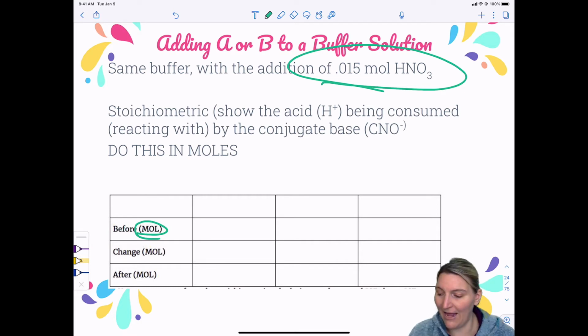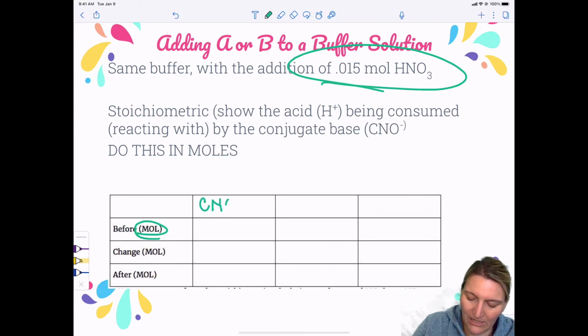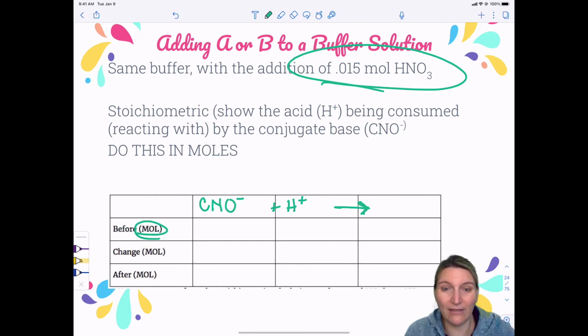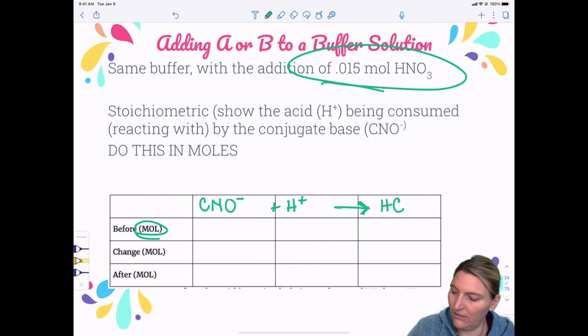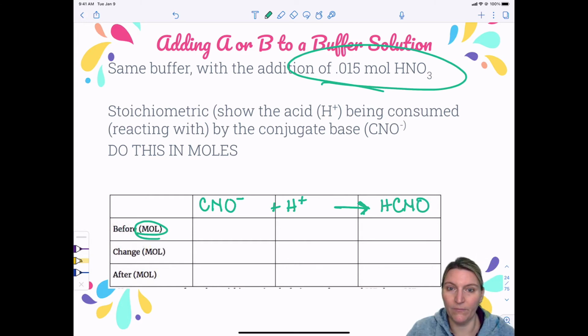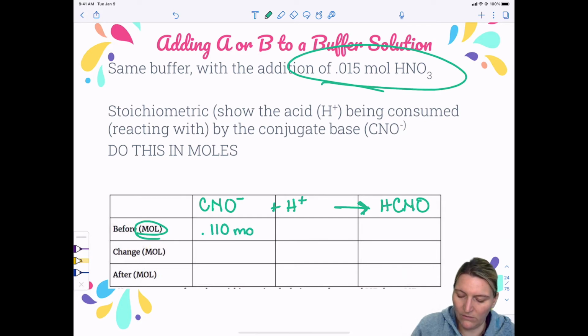So when we add the acid, what is that going to react with? Well, it will react with the conjugate base. So the CNO negative will react with the H plus, and notice, since that's a strong acid, this is a full arrow here, and it will make HCNO. So what am I starting with? The conjugate base is going to be 0.110 moles.